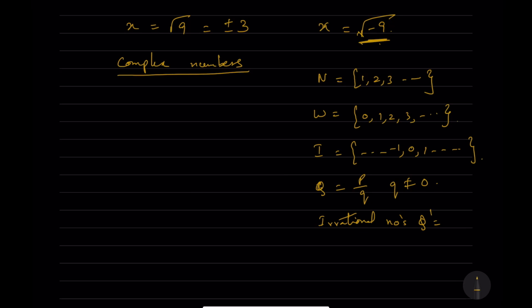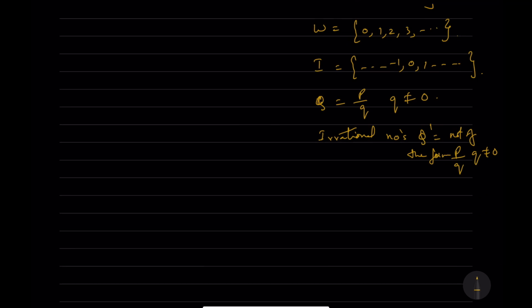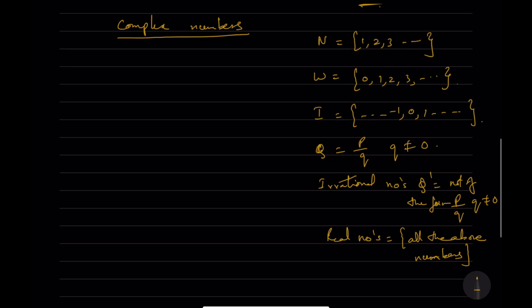So not of the form p by q where q is not equal to 0. These were irrational numbers. Then we had what are real numbers. Real numbers are the set of all the above numbers, the combination of natural numbers, whole numbers, integers, rational numbers, irrational numbers.